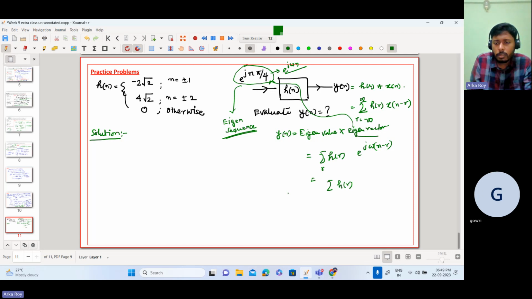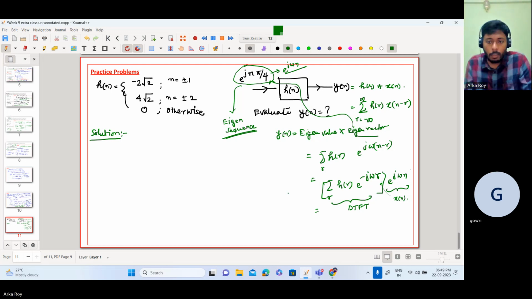So this will be h of r e to the power minus j omega r, followed by e to the power j omega n. Now I'm just breaking it into two parts. This thing is basically your DTFT, and this thing is your original sequence x of n itself. So this is the eigenvector, and this is the corresponding eigenvalue, which is multiplied with the eigenvector.